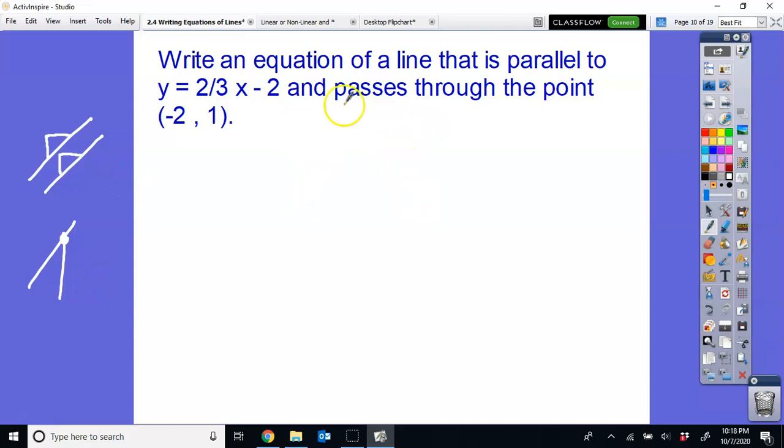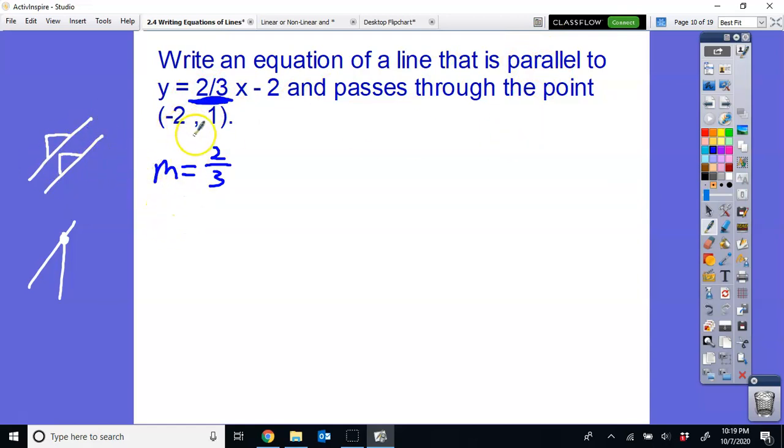Well, if I want to go parallel to y equals 2/3 x minus 2, notice the whole mx plus b thing again. That is my m for the line that I'm looking at, but that should also be the m for the line that I'm trying to find, because that is the original line, and I'm looking for the line that's parallel, which means it has to have the same slope.